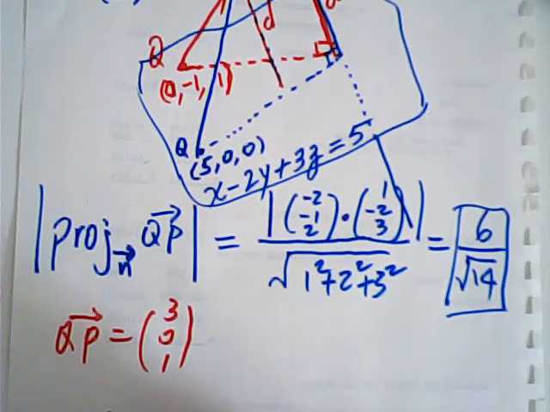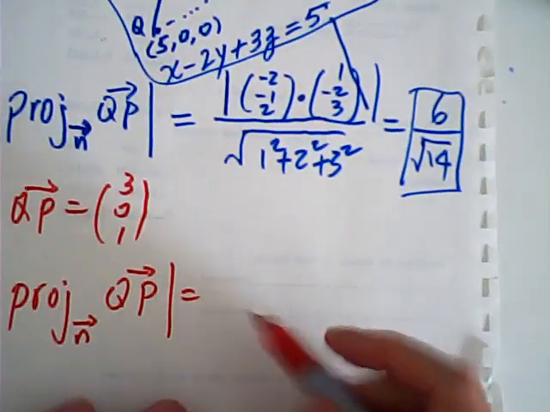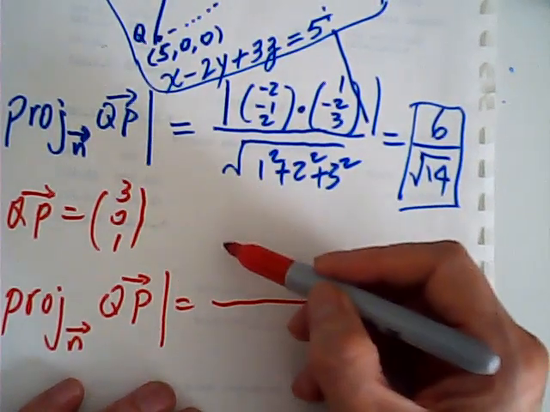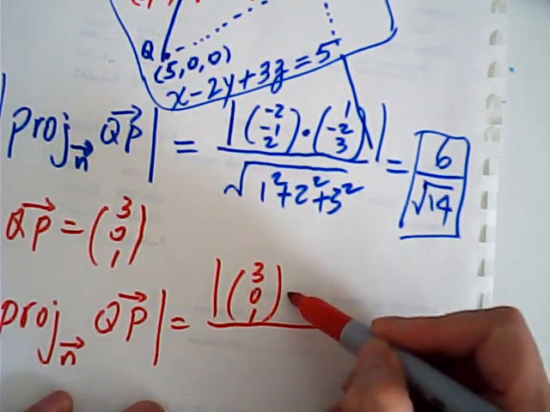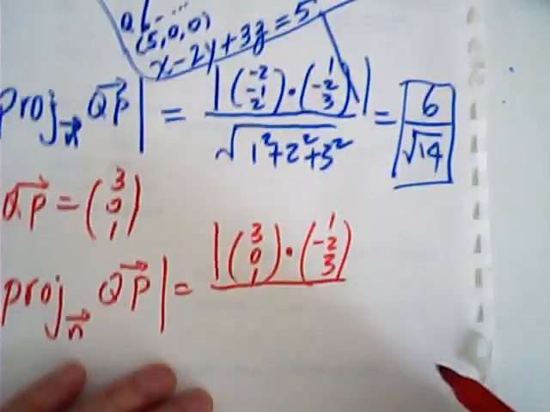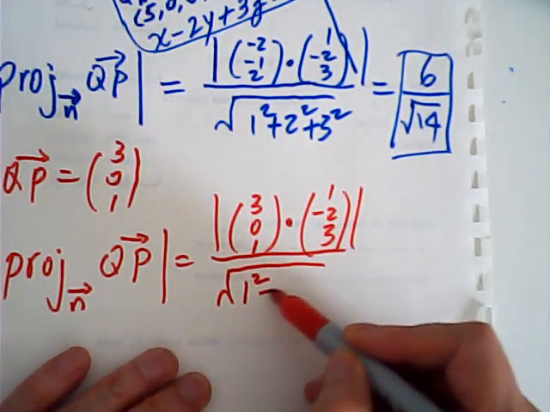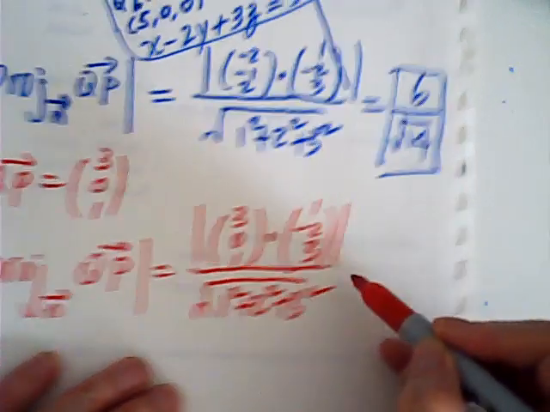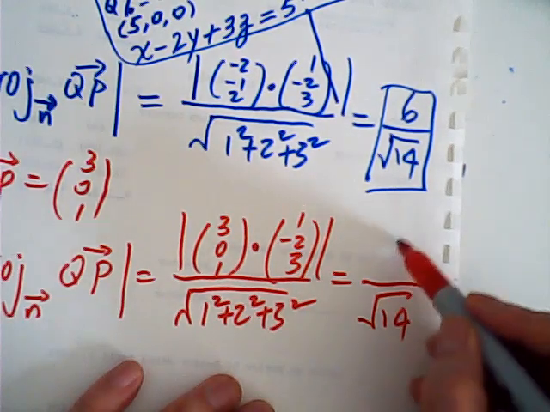So the absolute value of the projection of the new QP onto normal vector n is equal to the absolute value of (3, 0, 1) dot (1, -2, 3), divided by the square root of 1 square, 2 square, and 3 square. So this one is equal to 6.